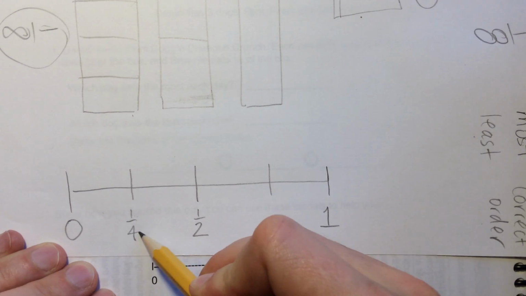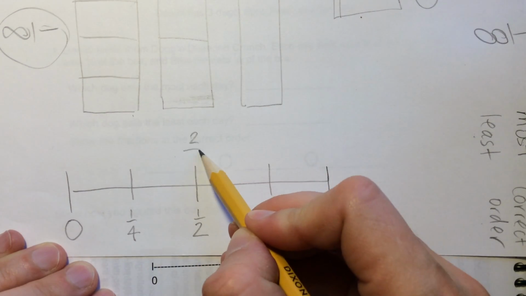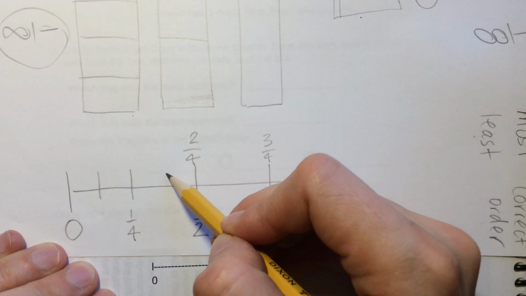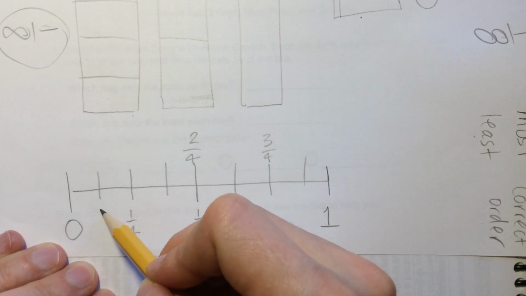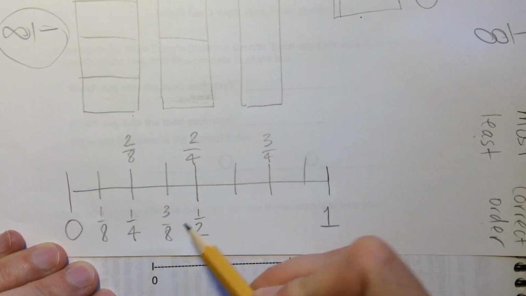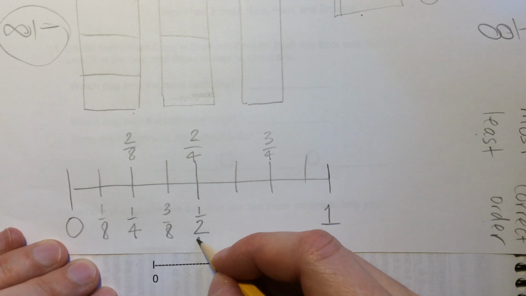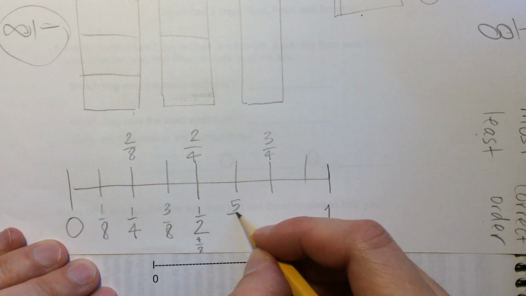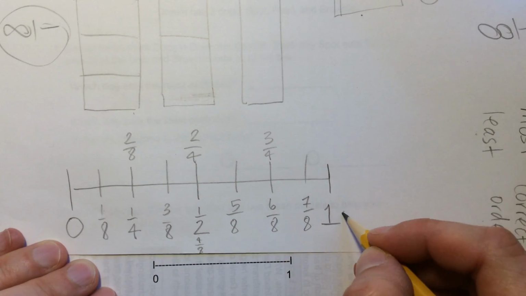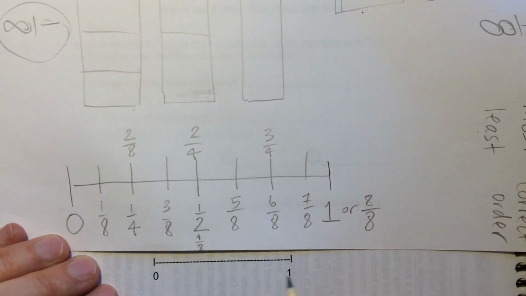This is 1/4. 2 quarters. 3/4. And then if we were to have done this, 1/8, 2/8, 3/8, 4/8, 5/8, 6/8, 7/8, 1 or 8/8.